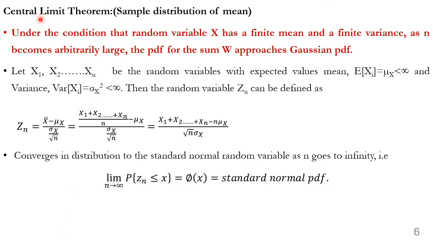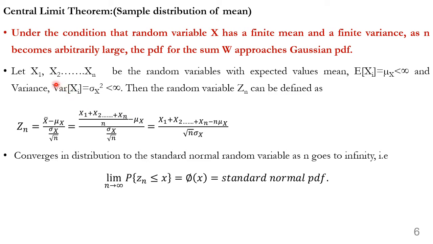Let us now define the central limit theorem, which is also known as the sample distribution of the mean. The central limit theorem says that under the condition that random variable X has a finite mean and finite variance, as n becomes arbitrarily large, the PDF for the sum W approaches the Gaussian PDF itself.